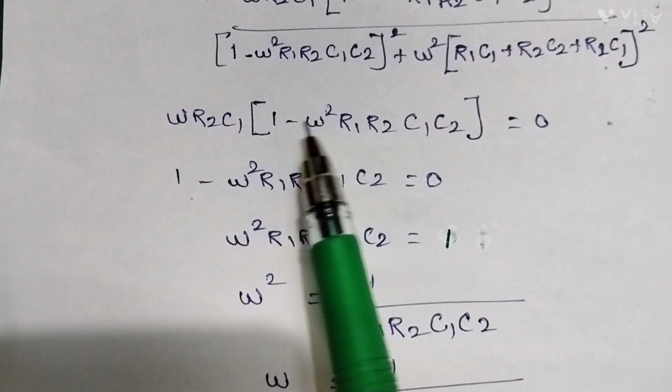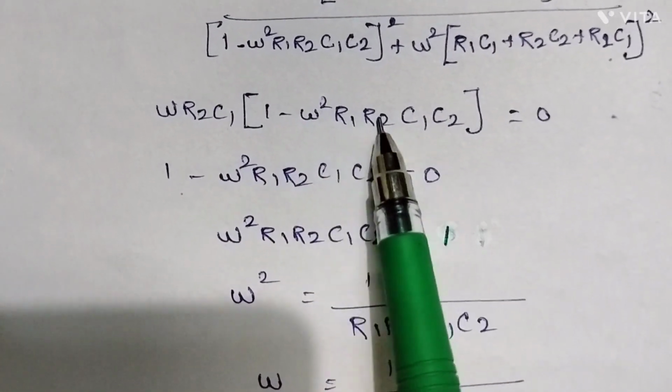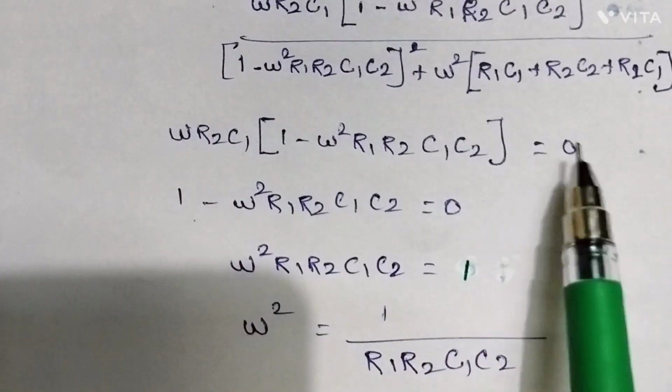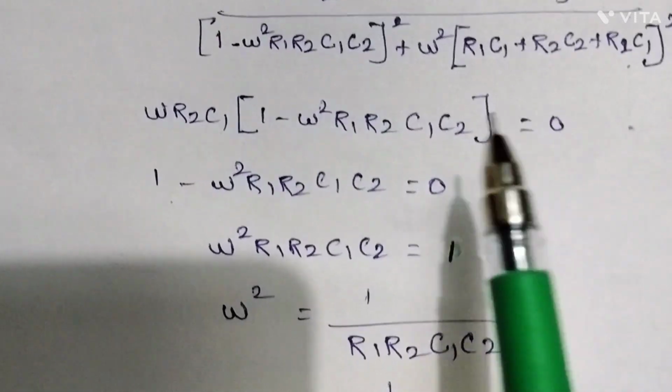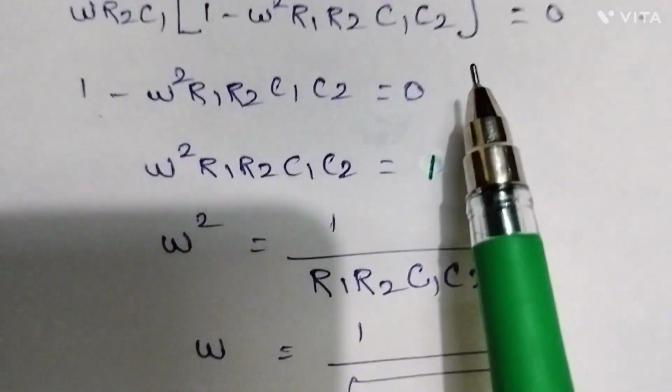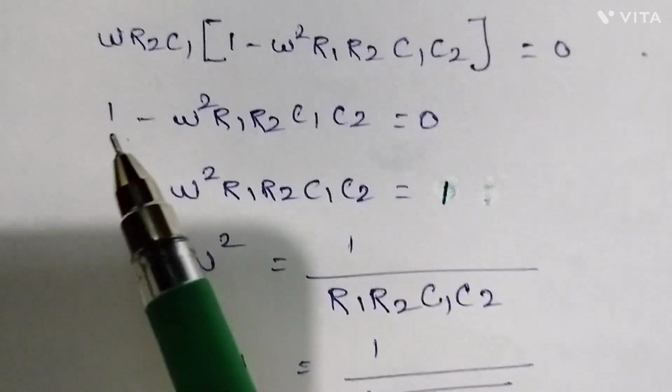So omega r2 c1 into (1 minus omega square r1 r2 c1 c2) is equal to 0. Taking this term to the other side, 1 minus omega square r1 r2 c1 c2 is equal to 0.